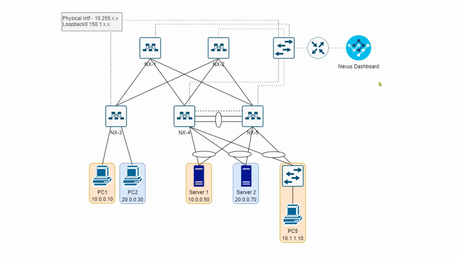And as far as our diagram, how it's going to go is, this is the same diagram from our VPC section, and I have cabled in the management 0 interfaces to this switch here on all of these 5 Nexus nodes, just to give it reachability to Nexus Dashboard.